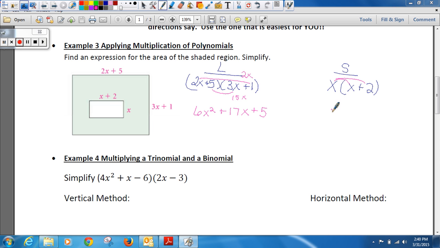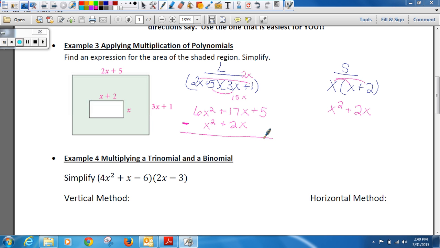So we have x times x, which is x squared. X times 2 is 2x. So there's their individual areas, and now I need to go ahead and subtract them. So I always write them vertically when I'm going to subtract them, and I line up their like terms. So I'm going to subtract x squared plus 2x.